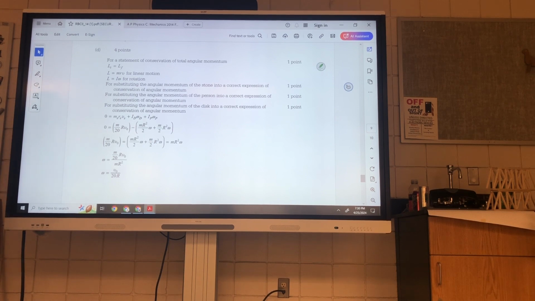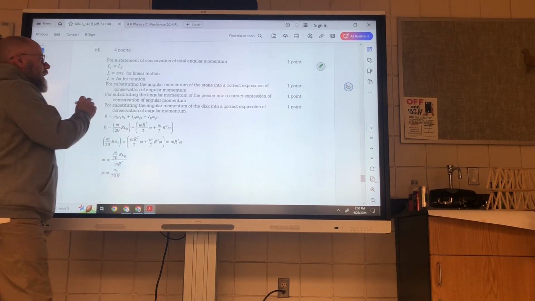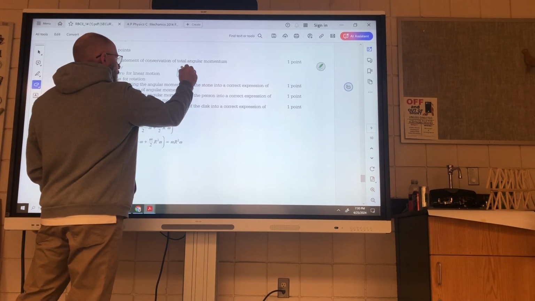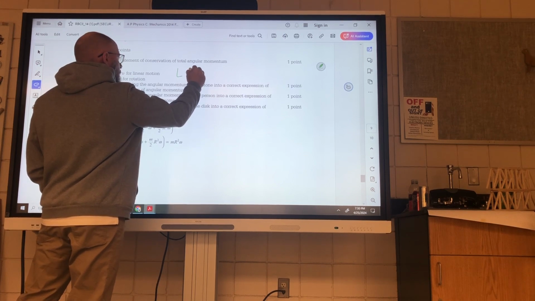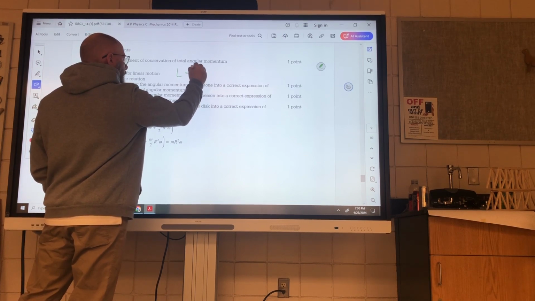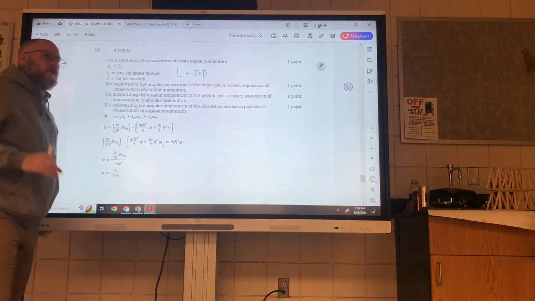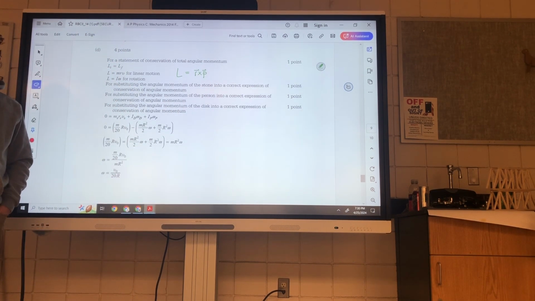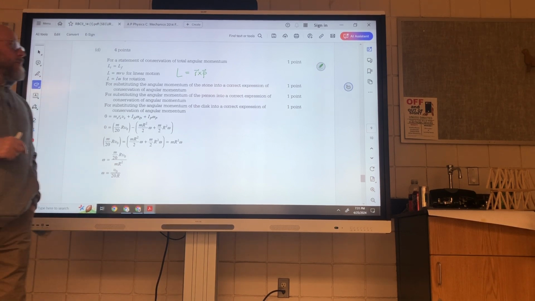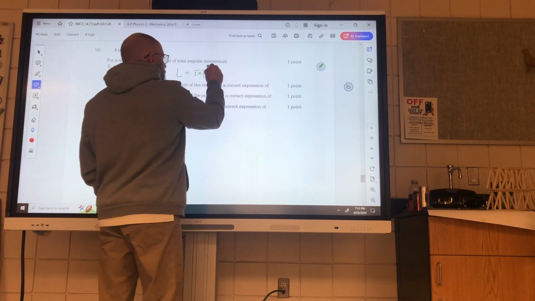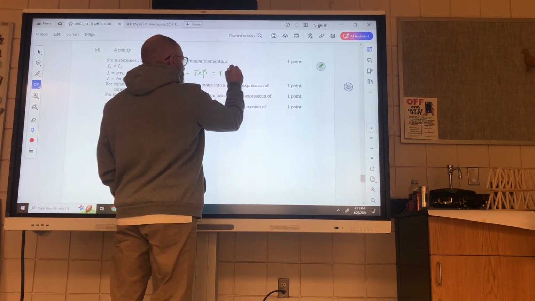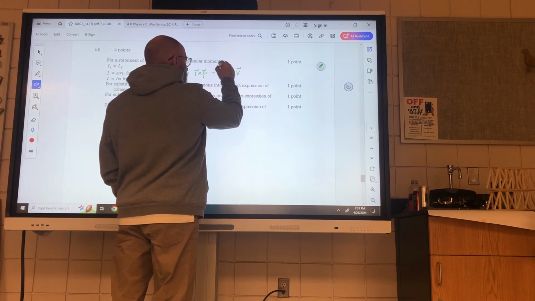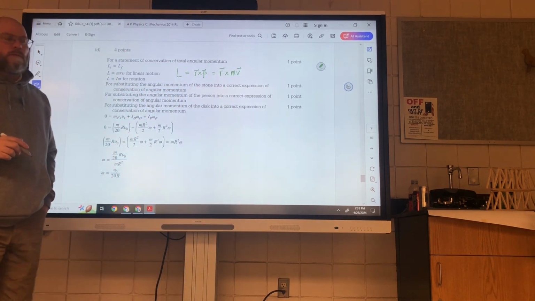Now, something that we talked about, and I want to make sure that we remember, is that L is equal to r cross p for a point particle, right? Now, what is p? Linear momentum, so r m v.